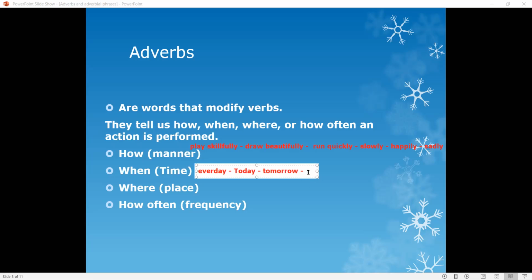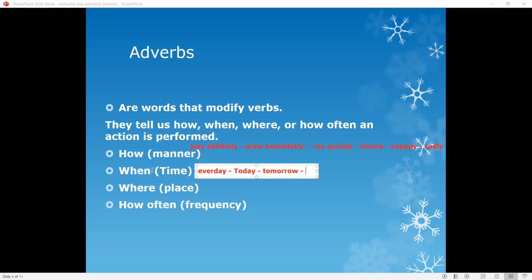I went to the club. When did you go to the club? Today. I am going to my grandpa. When are you going to your grandpa? I am going tomorrow.